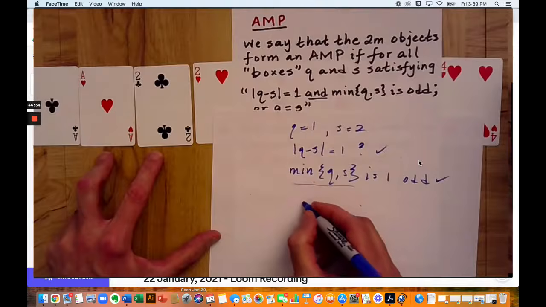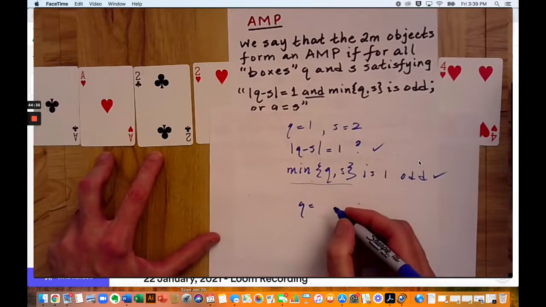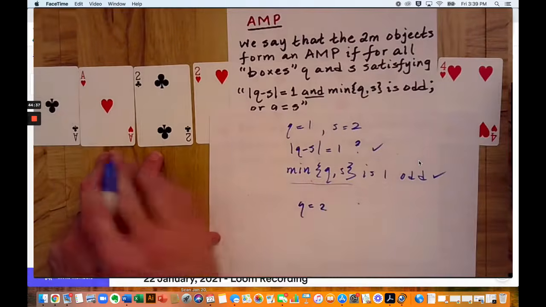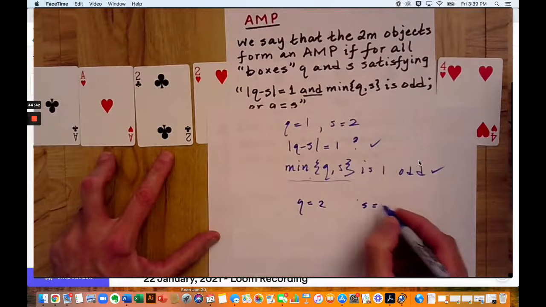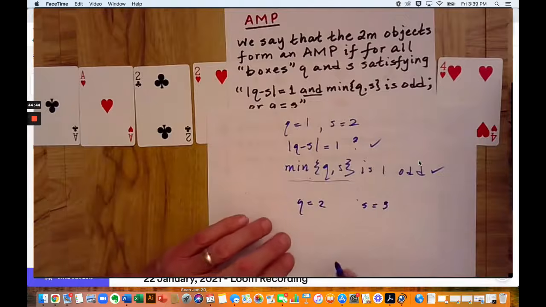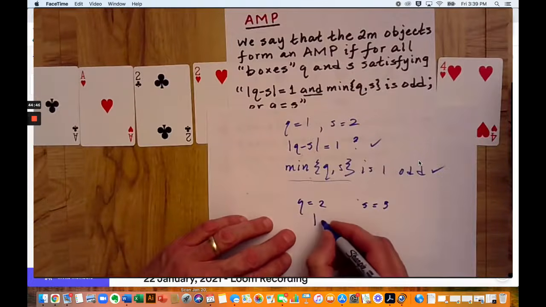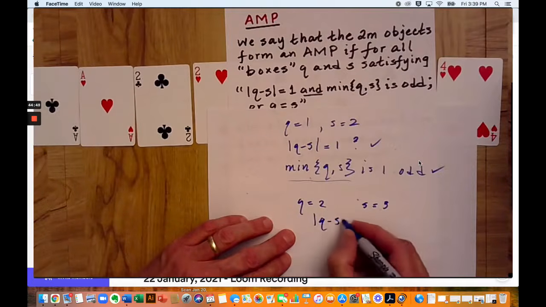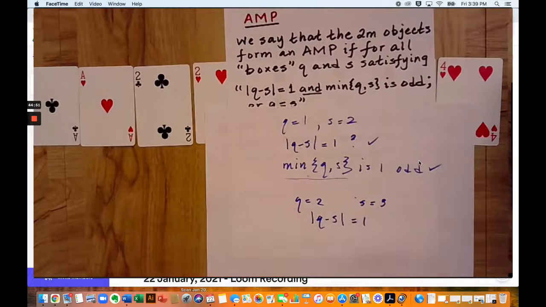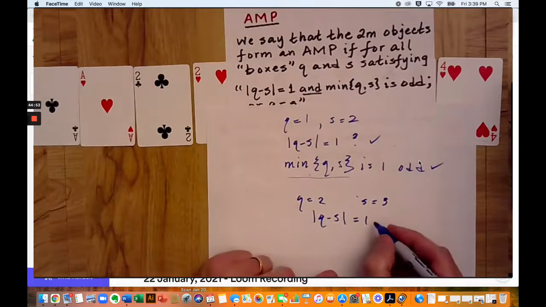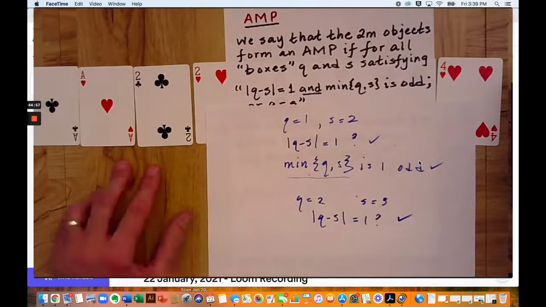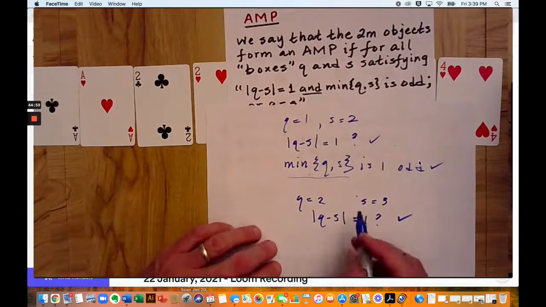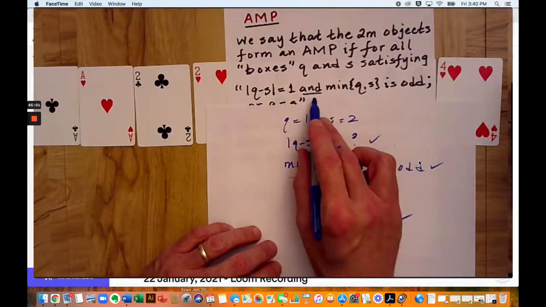So in that case, Q would be equal to 2. This is position 2. This is position 3. Okay. Well, if we look at Q minus S, is that equal to 1? Well, it is. But we don't want those related.